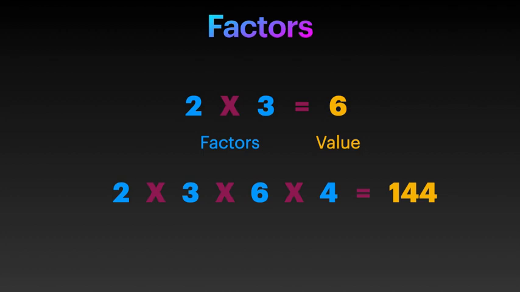In our next example, we have 2 times 3 times 6 times 4 equals 144. Here 2, 3, 6 and 4 are factors of 144.